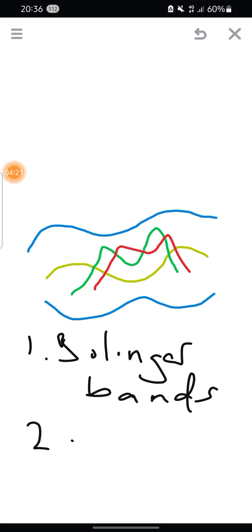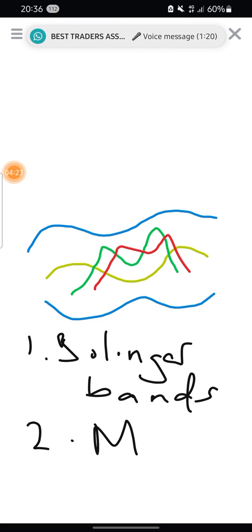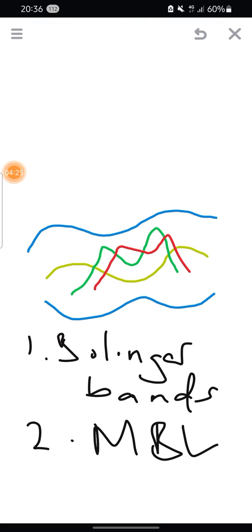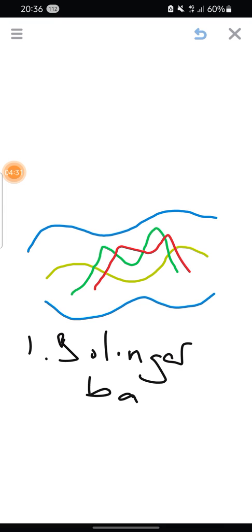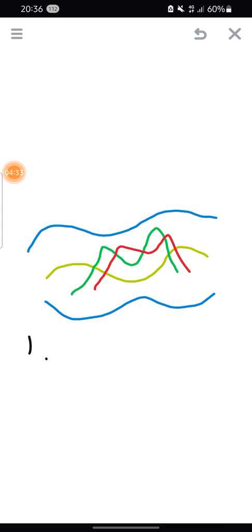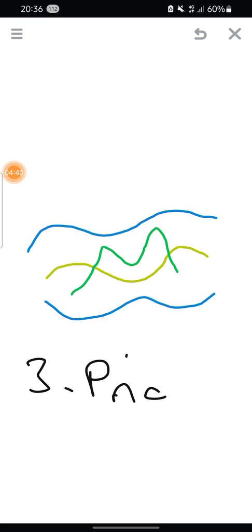Two, the MBL line, which we referred to as the market baseline. Three, our price line, which is green.